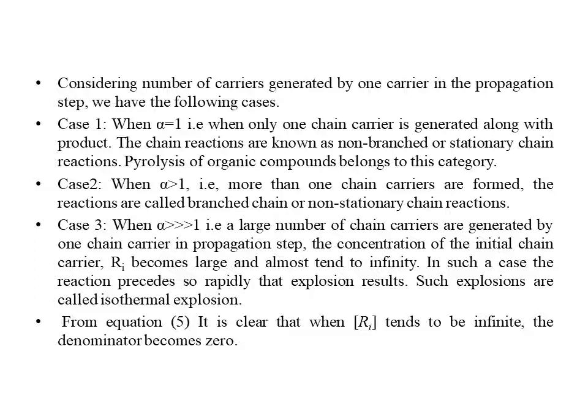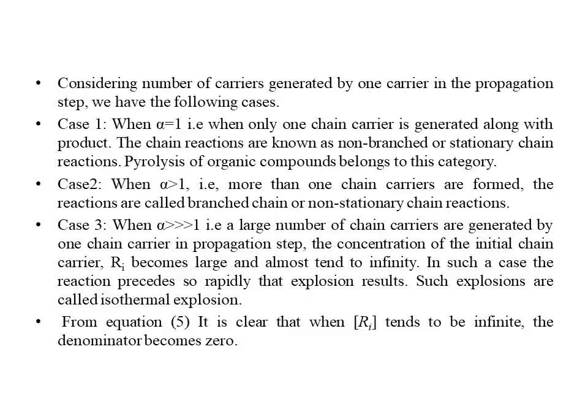Case number 3, when alpha is very large than 1, that is, a large number of chain carriers are generated by one chain carrier in propagation step, the concentration of initial chain carrier Ri becomes large and almost tends to infinity.